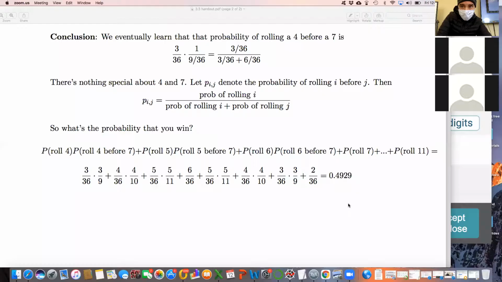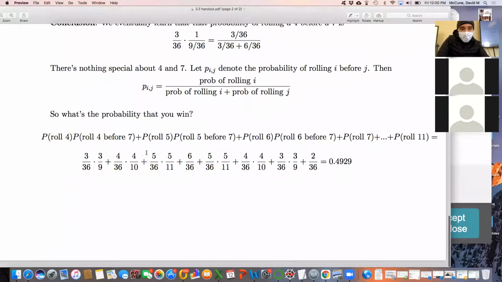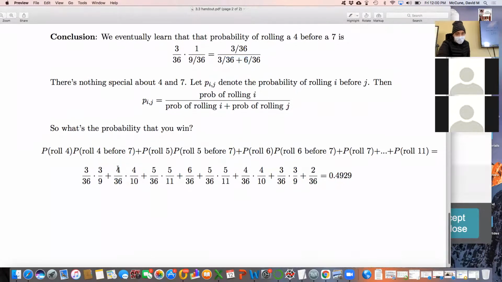Share it one more time. Okay, so here's your probability of rolling 4 initially, and then there's that third. That's what this is here up top. Here's your probability of rolling a 5 initially, and if you do this fraction with 4 out of 36 in it, you'll get 4/10. Here's 5 initially, and then there's the 5 fraction before 7. And then right here, this is just the probability you roll a 7 straight up, right?